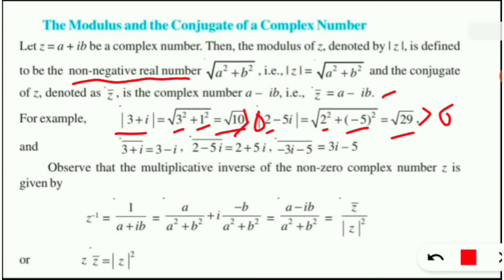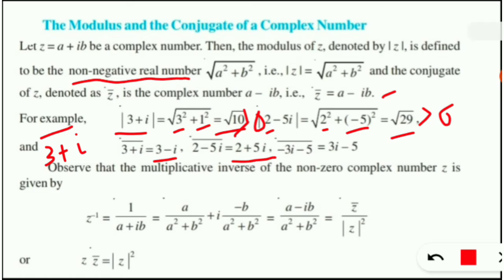Similarly, here 3 plus i, the conjugate of this, 3 plus i bar, equals 3 minus i. Here 2 minus 5i, the conjugate of 2 minus 5i equals 2 plus 5i.